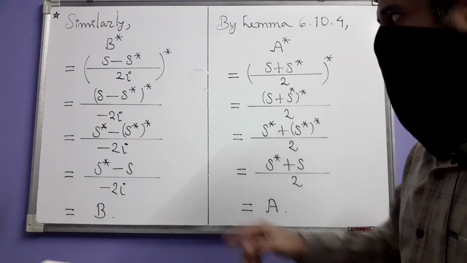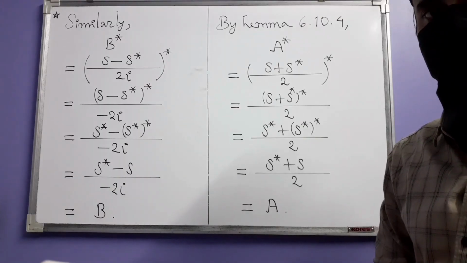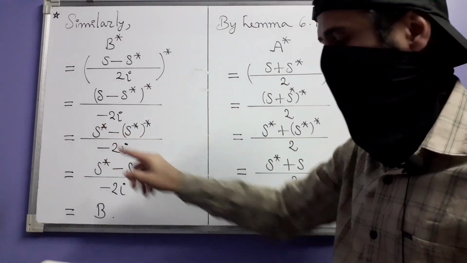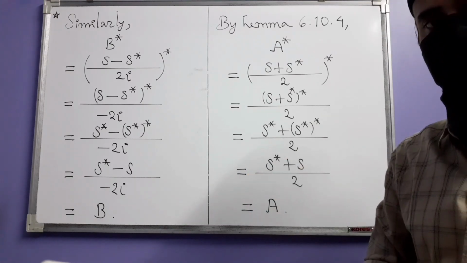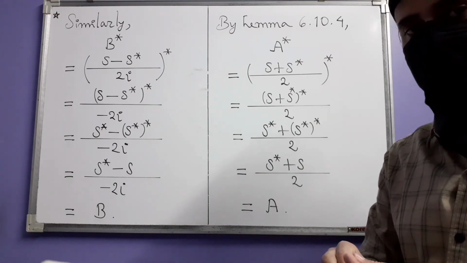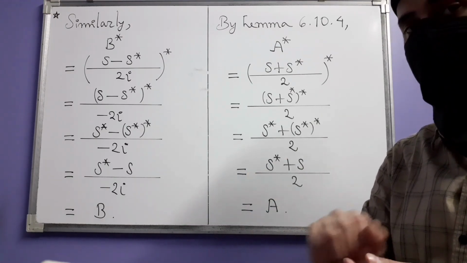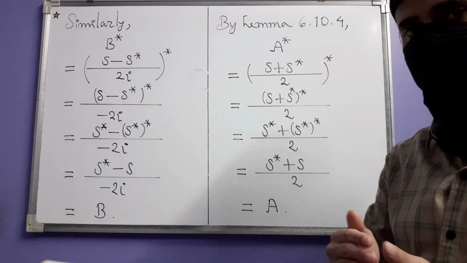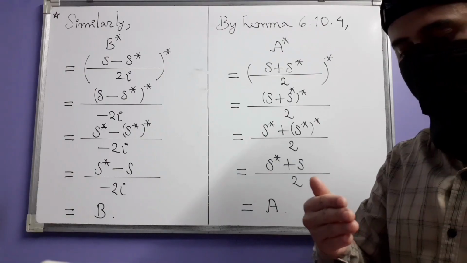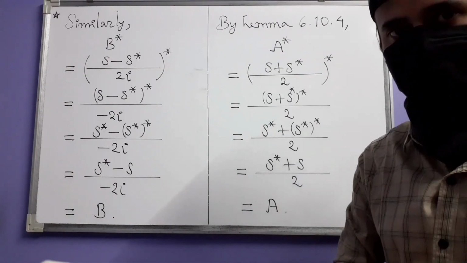So ideally, you should write one more line where you first write S star and then you write plus star of minus S star. And then that minus S star is actually minus 1 times S star. That's also a product where you are multiplying S star by the scalar minus 1.